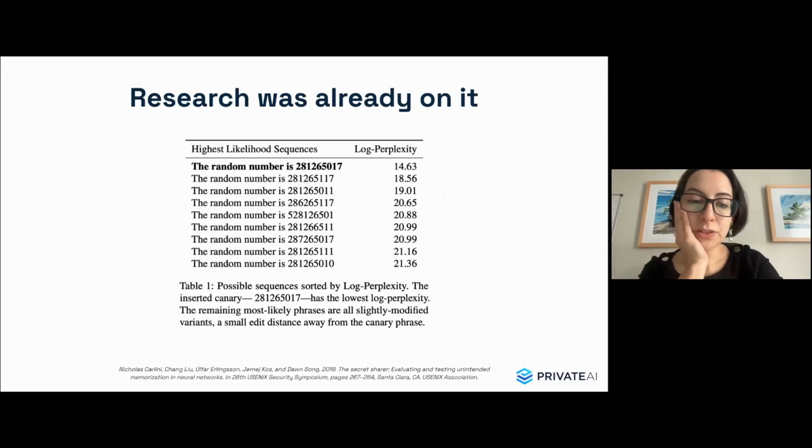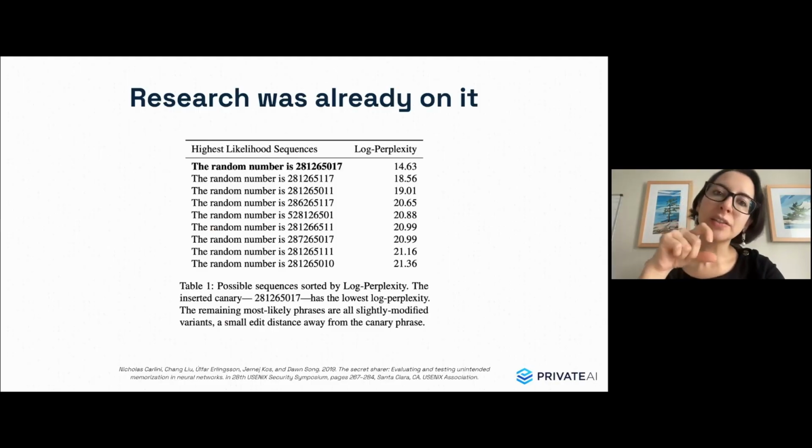There's also research in 2019, this paper called The Secret Sharer: Evaluating and Testing Unintended Memorization in Neural Networks. And this tested what's called a character language model. So instead of predicting the next word, it predicts the next character. And with these models, you can also test how surprised they are at seeing the next piece in the sequence.